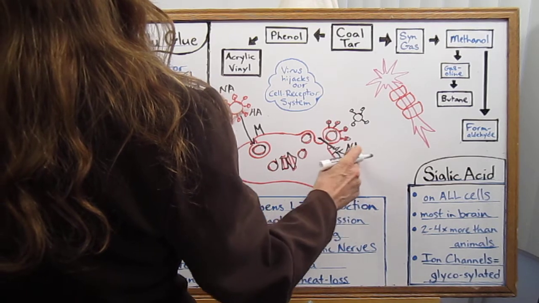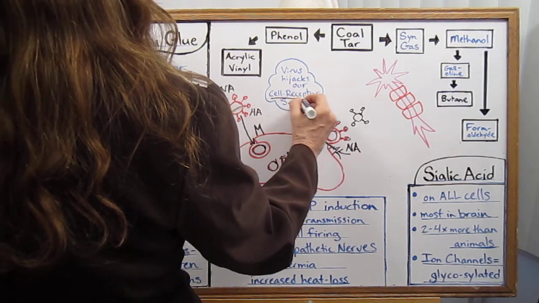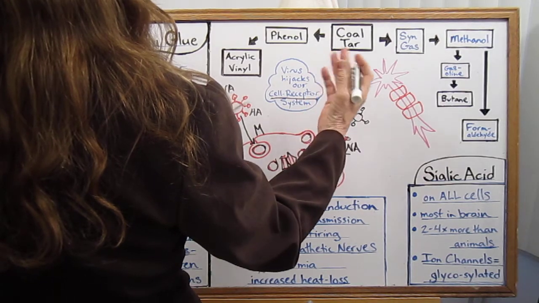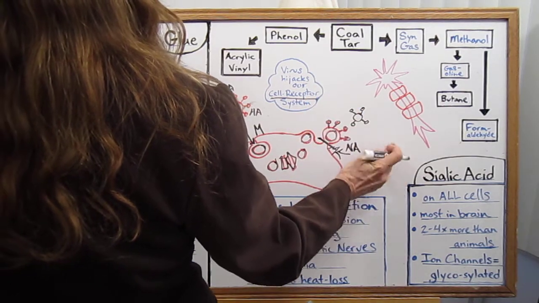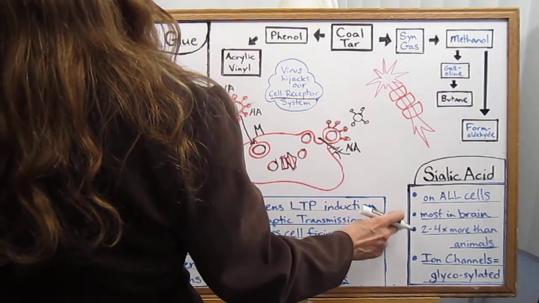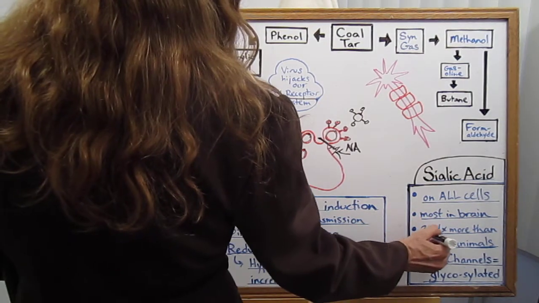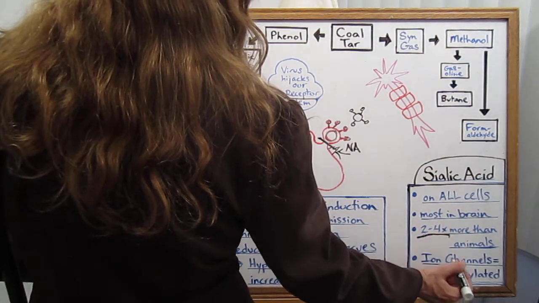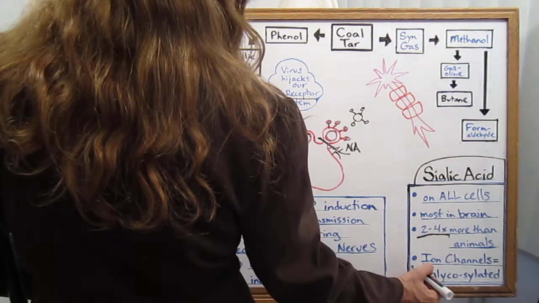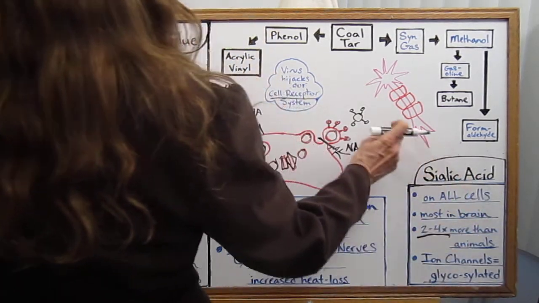The problem is that these receptors, the virus has hijacked our own cell receptor system, which there are several, such as sialic acid, which is on all cells in our body. Mostly in our brain. We have 2 to 4 times more than animals because our brains are so much bigger, and they are ion channels that are glycosylated.